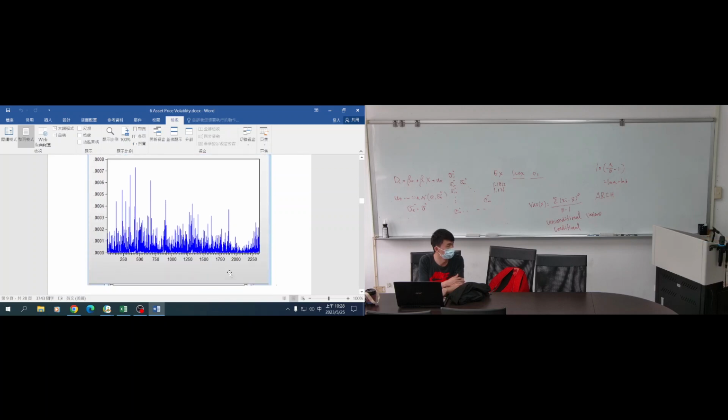It covers all the observations, the time periods from the first observation to the end. Some periods swing wildly, and some are smooth, but most of the time it really swings.